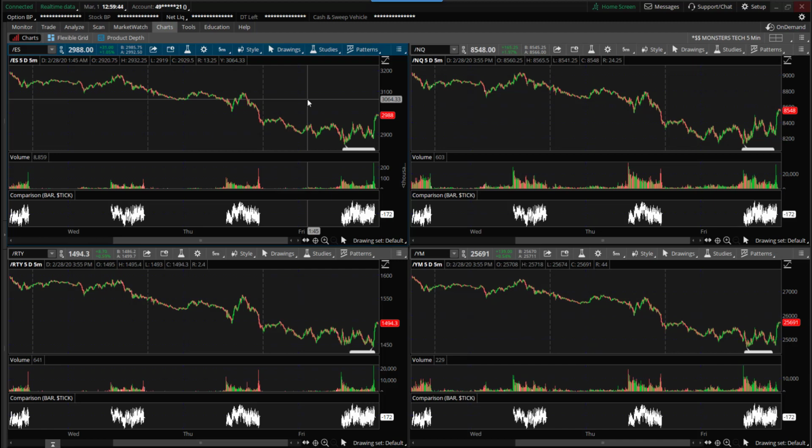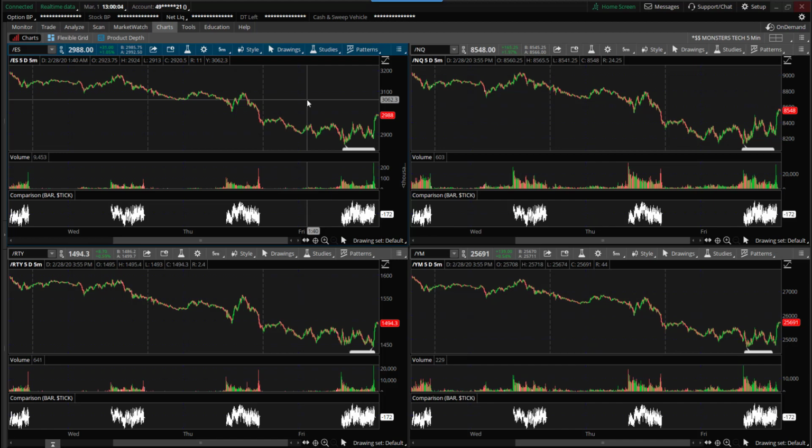It doesn't change. And then if you're going to trade the micros instead of the minis, it's $50 for the ES and $50 for the NASDAQ, $50 for the Russell. That is still the day trade margin, not the quote initial margin.